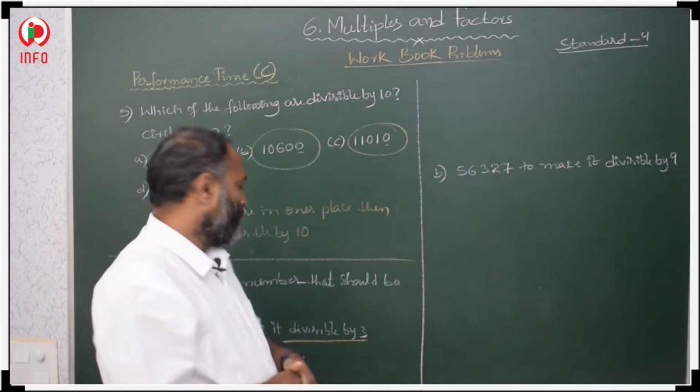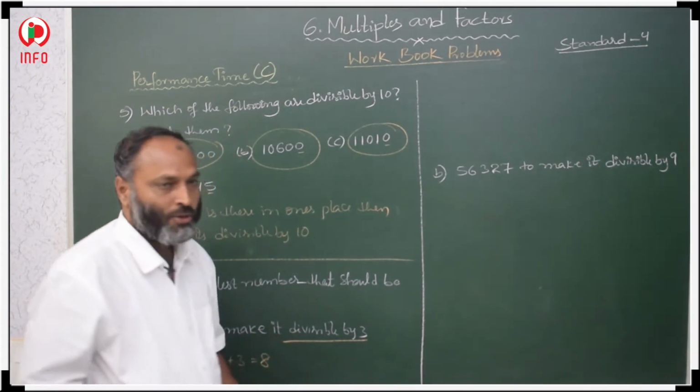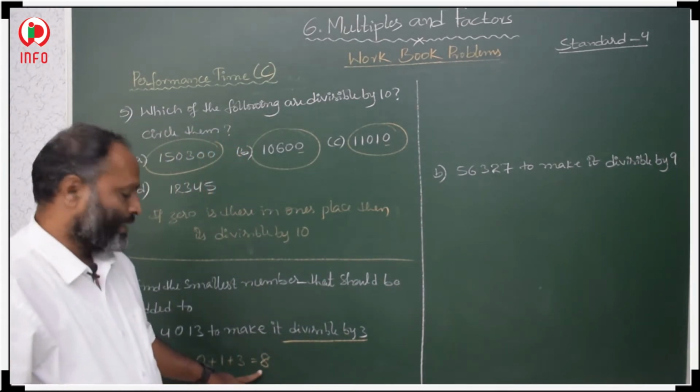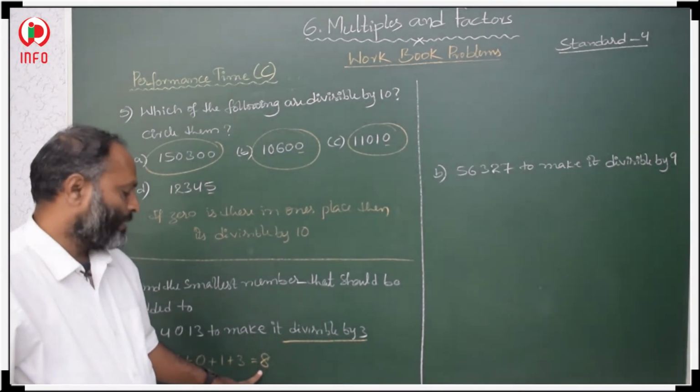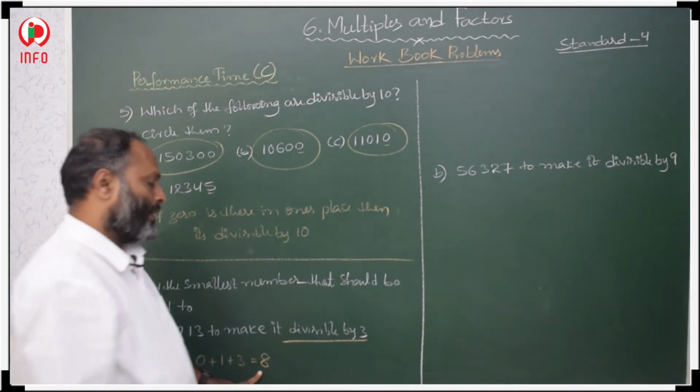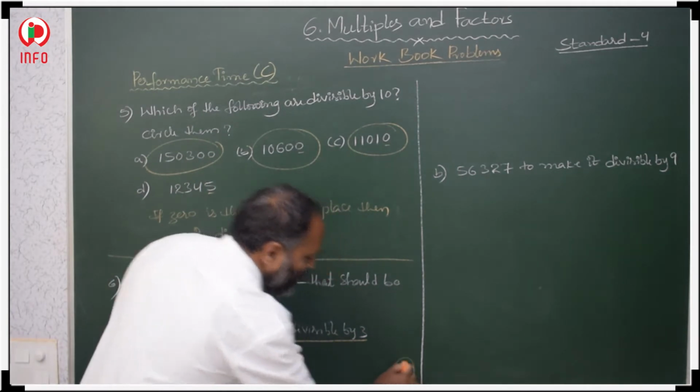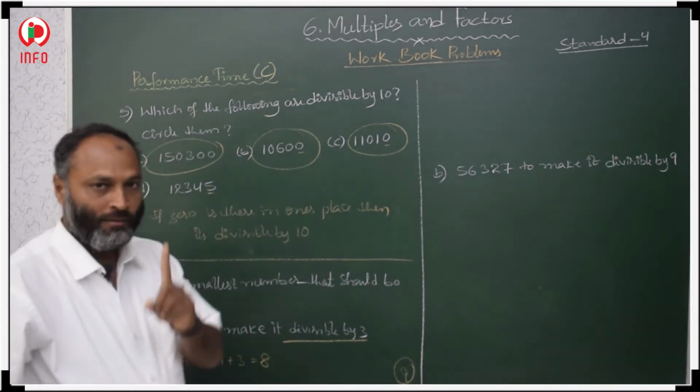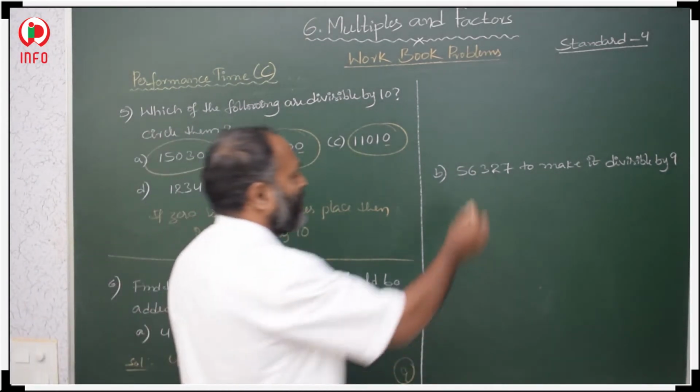To make it divisible, what should come here? If 9 is there, then it is divisible by 3. What is the difference between 8 and 9? 1 difference is there, so that we have to write.